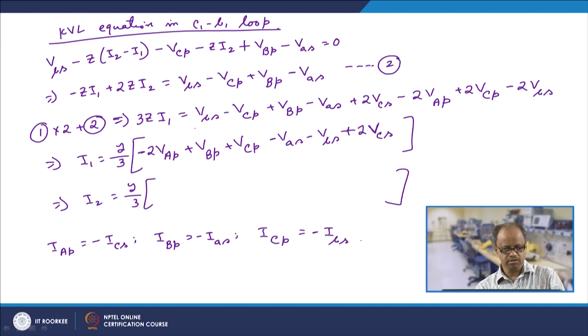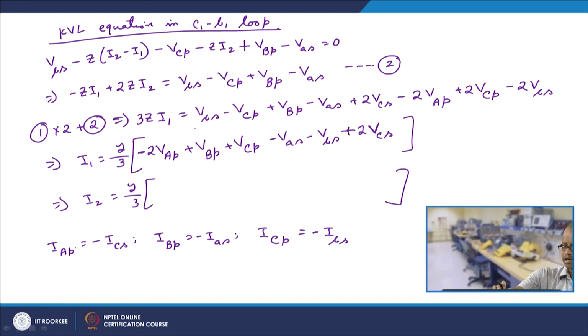IAP is equal to minus ICS, IBP is equal to minus IAS, and ICP is equal to minus IBS. So we have got these 6 equations.